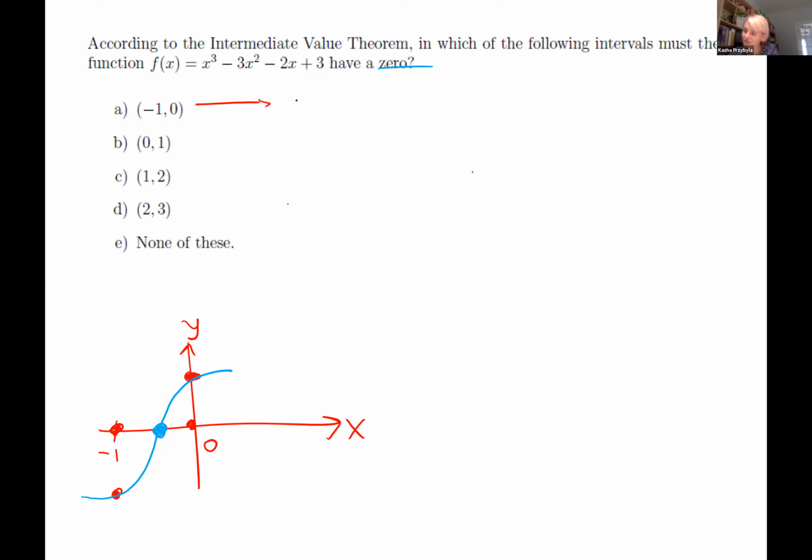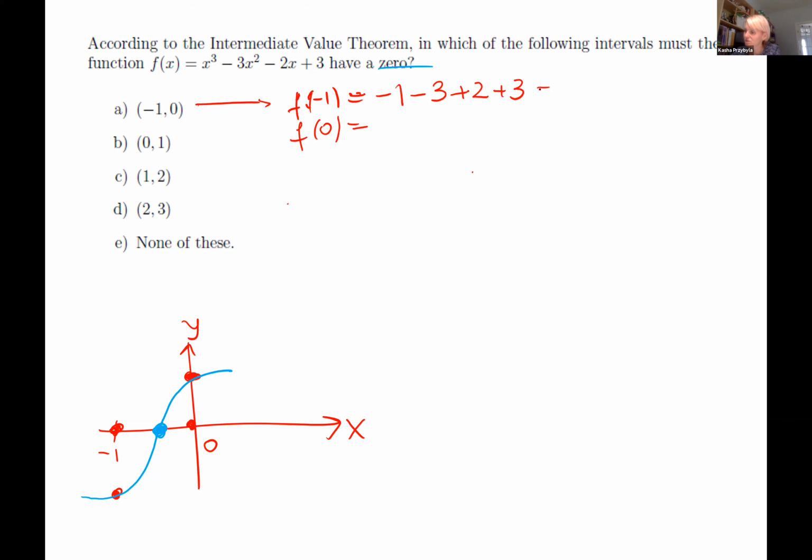The first thing is I need the value of the function for -1, and I need the value of the function for 0. Okay, please help me, because it's the arithmetic and it's end of the session. Let's substitute -1. -1 cubed is -1, -1 squared is +1, -1, okay, and this.